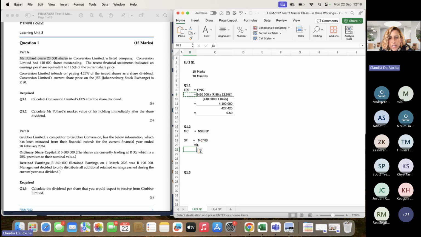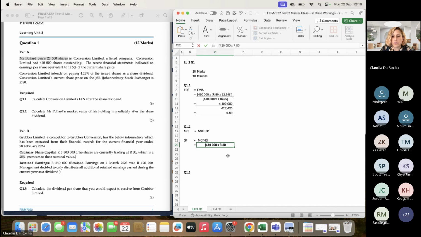Now, I need to go and check what my market capitalization is, or I have to work out what my market capitalization is for Conversion Limited, because I need the share price of the company to work out Pollard's market capitalization. Okay, so the market capitalization of the company would be the 410 times the 80 Rand.